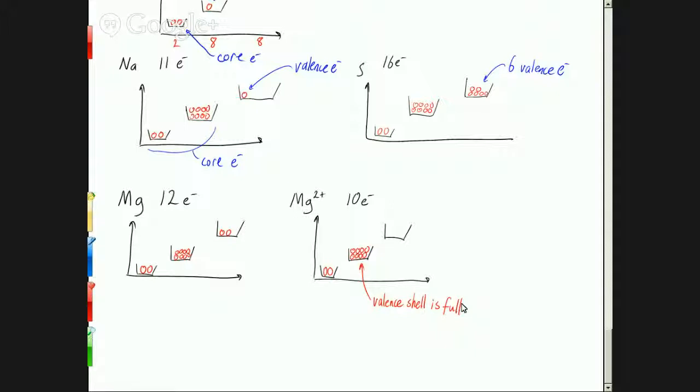Now, what do you think might happen with calcium then, Ca, which is right underneath magnesium? What kind of ion do you think calcium might want to form? If you had to guess.